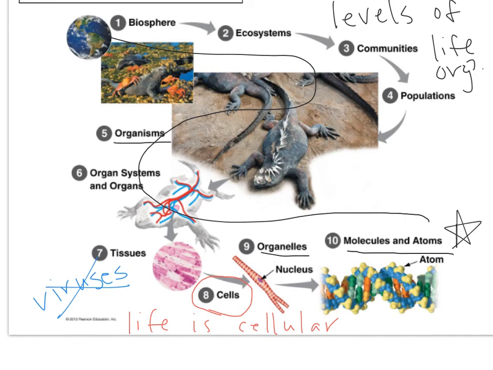For some organisms, like this big iguana or whatever this is here, they have organ systems and organs. If we're talking about bacteria or fungi, they don't have organ systems and organs or tissues. They're just cells on their own. But groups of organisms can be formed into populations, populations into communities, and on upward. And I'm going to talk about that in the next video.